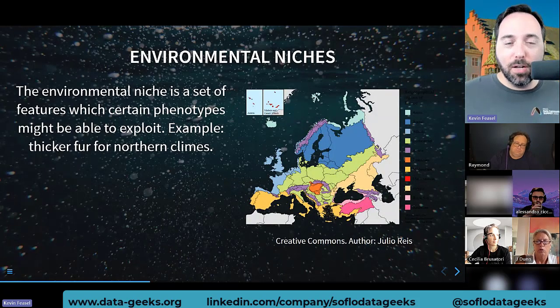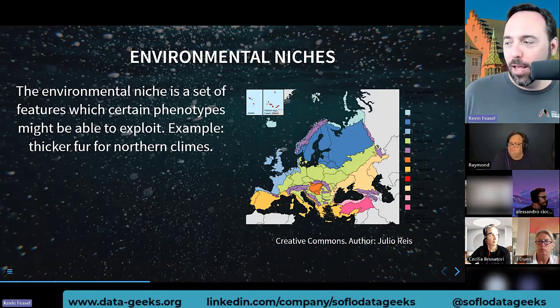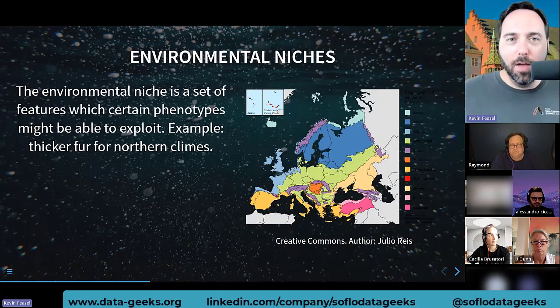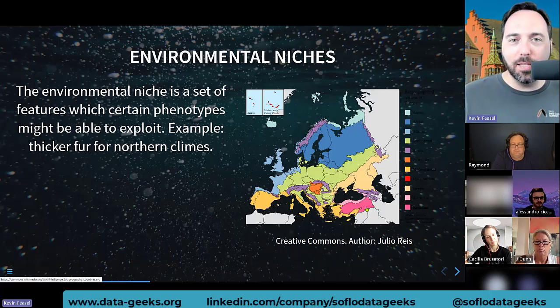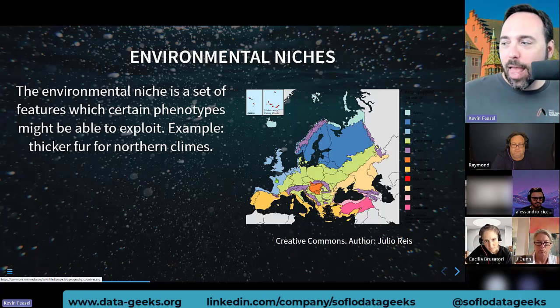Now, we also have this notion of a niche, or a niche if you're French. This is a set of features that certain phenotypes might be able to exploit. In particular, this is a set of environments within Europe. So you have everything from arid desert in central Turkey going up into polar climes.